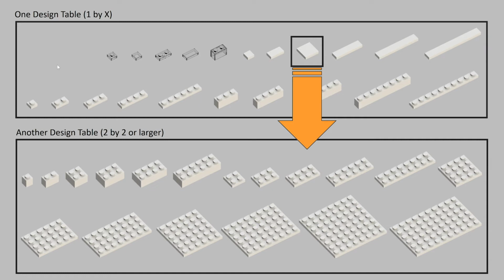Once you have that working so that you can create all the parts shown in this image under the design table that's on the parts described on the bottom half of this slide, then what I recommend is you just copy that file and... maybe you don't copy that file. Maybe what you need to do is think about how the 1x brick would be designed so that it can create all of the 1x options.